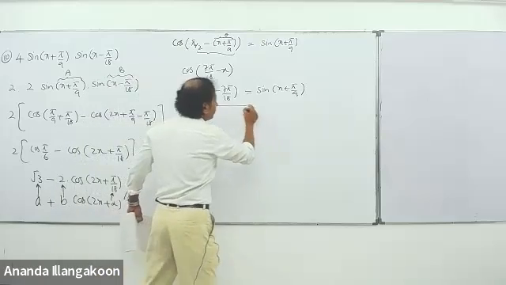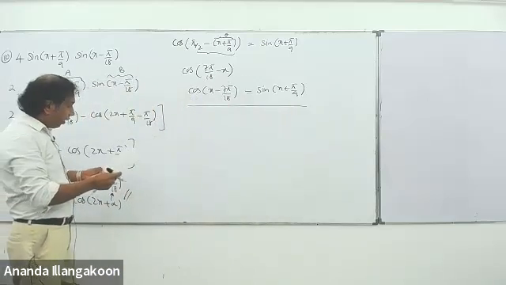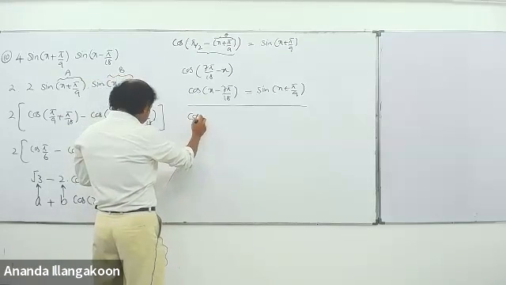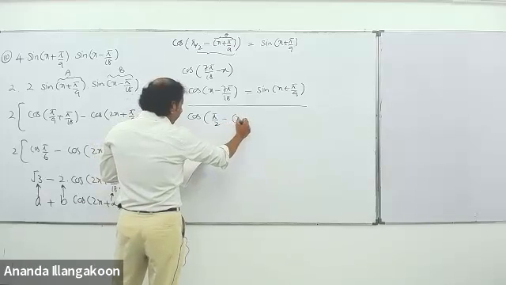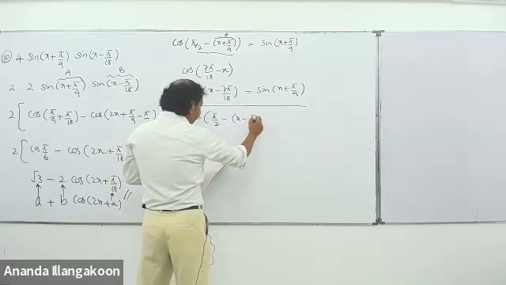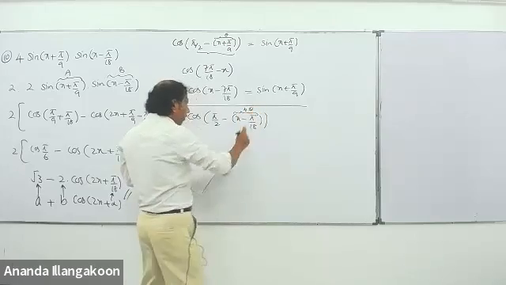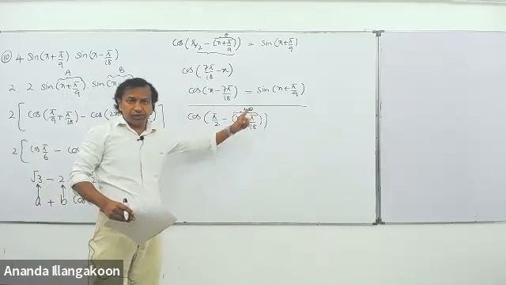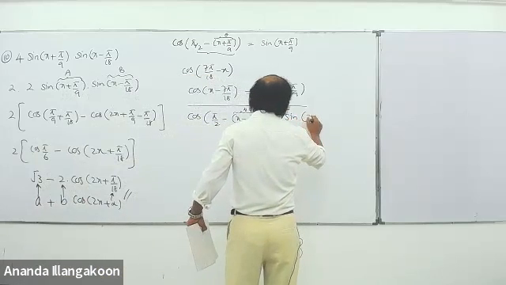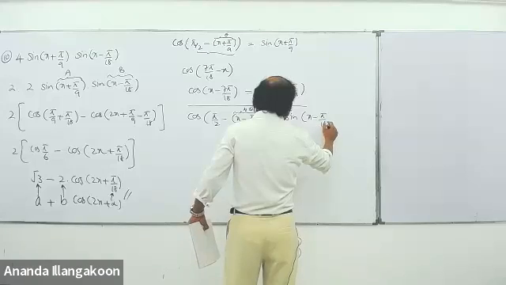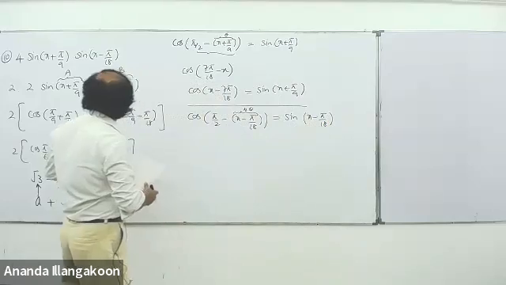Secondly, I am going to take this cos(π/2 − x − 5π/18). Again, assume this as theta. What is this? Cos(90 − theta) is sin theta, so sin(x − 5π/18).